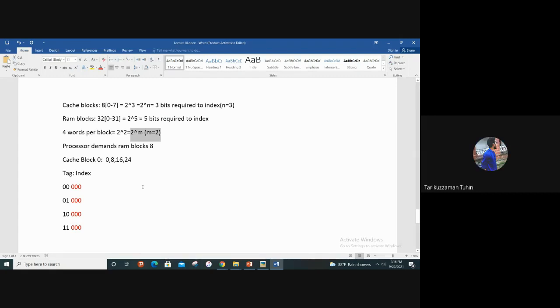So, if the number of cache blocks is given and the number of words per block is given, can we find n and m? Yes, we can find these two things if the number of blocks and number of words per block are given. Why is it important to find n and m?